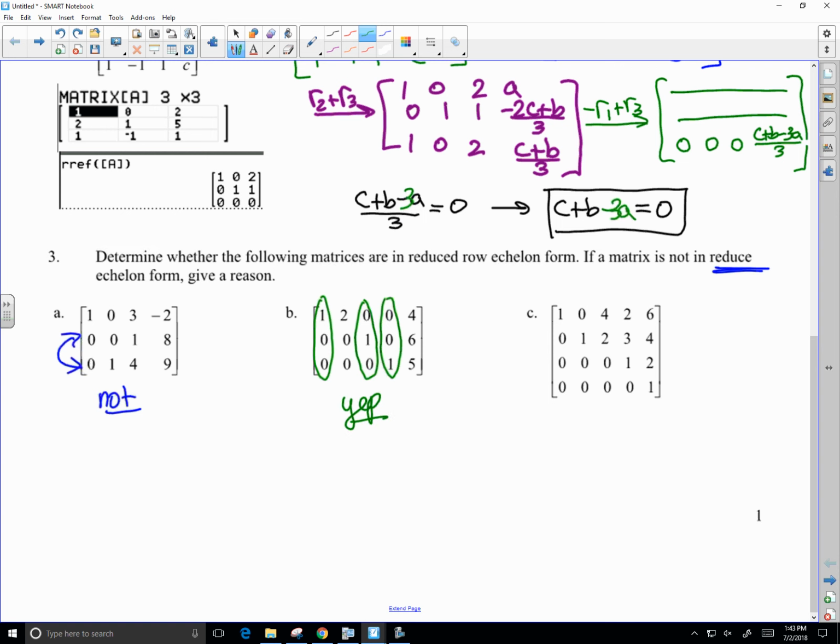The last one, all right, pivots look good as being the first entry, although this one would not have a solution if it were a system because the pivot's in the last column, but that's not what they're asking. The first 2 pivot values are fine. The last one is not the only non-zero entry in its column, so not.